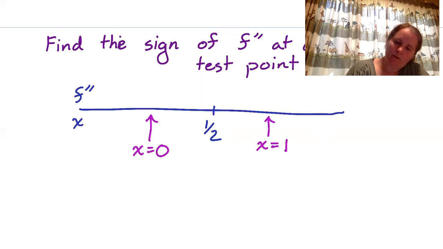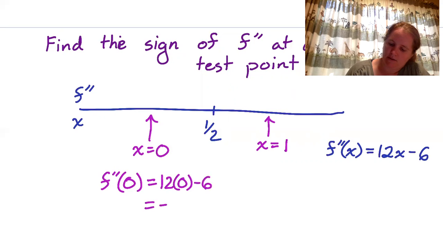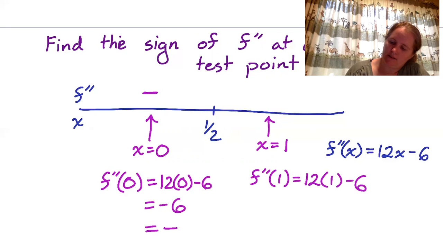We know that f double prime of x was equal to 12x minus 6. So if we plug in 0, we are looking at 12 times 0 minus 6, or negative 6. So we have a negative. And if we plug in 1, we are looking at 12 times 1 minus 6, or positive 6. So we have a positive.